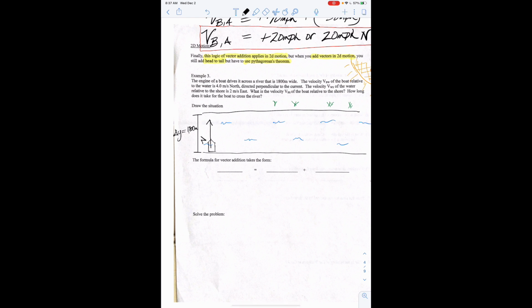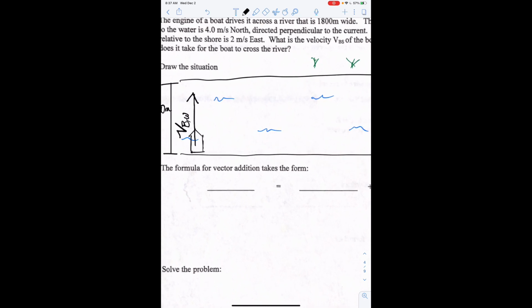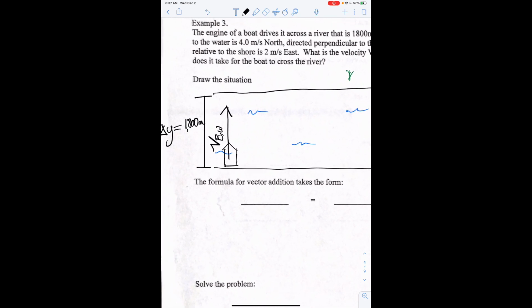So I'm saying that this is VW, the velocity of the boat relative to the water, and it's going to equal 4 meters per second north. Okay, so I'll let you jot that down.